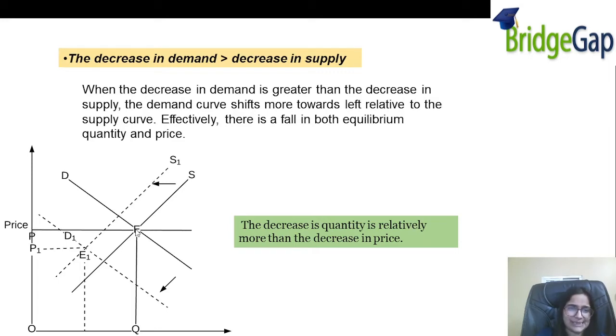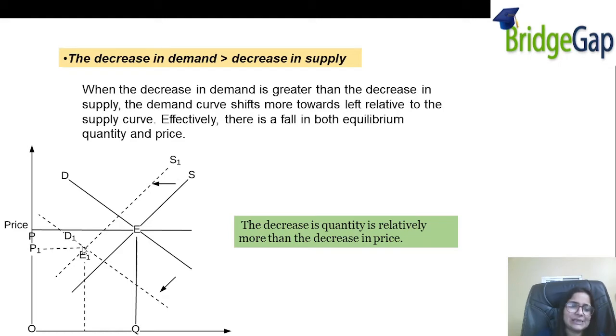Now demand has decreased to D1, so there is a shift in the demand curve. Supply has also decreased, but in a lesser proportion compared to demand, so our new supply curve is S1. So this will be our new equilibrium.